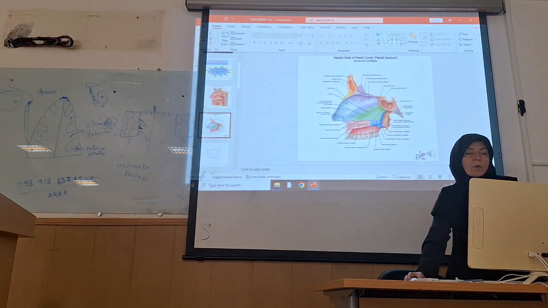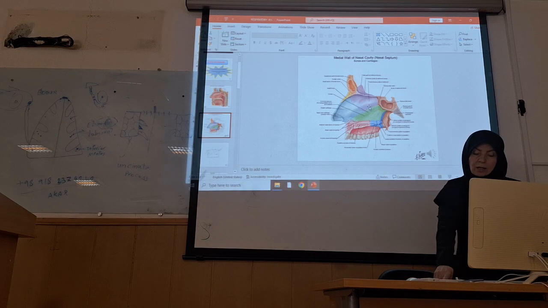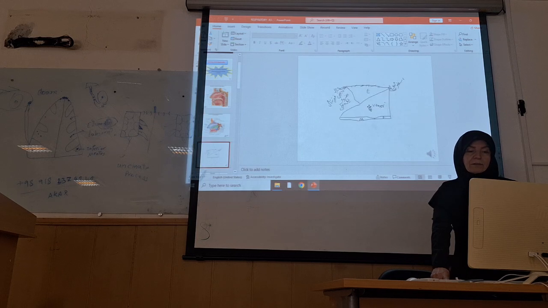So the nasal bone, the spine of the frontal bone, ethmoid, vomer, crest of the maxilla, crest of the palatine, and the sphenoid are going to participate in the medial surface of the nasal cavity.